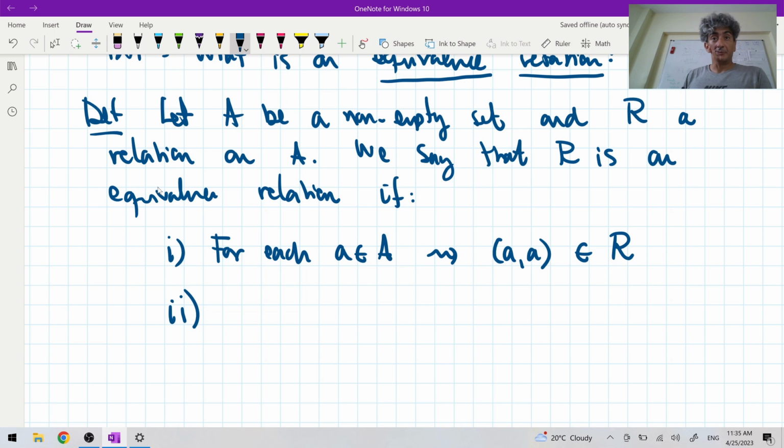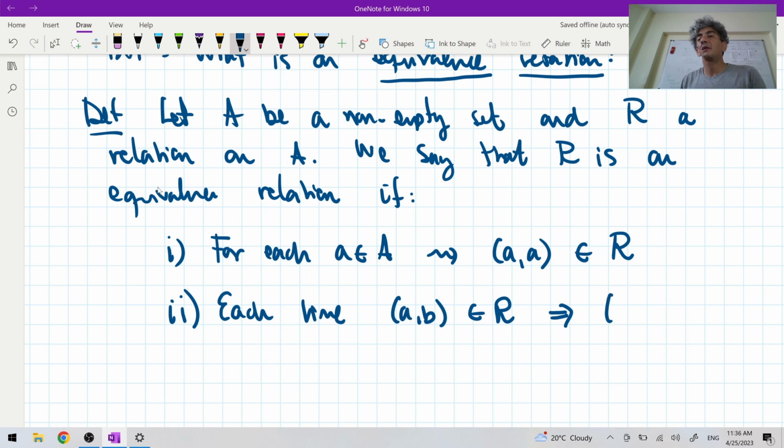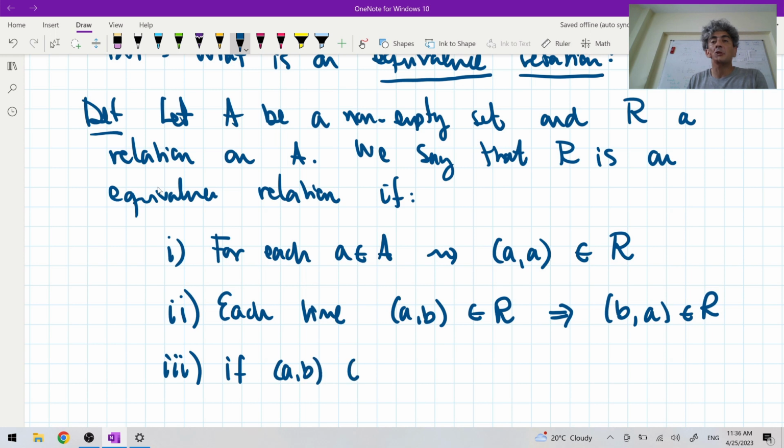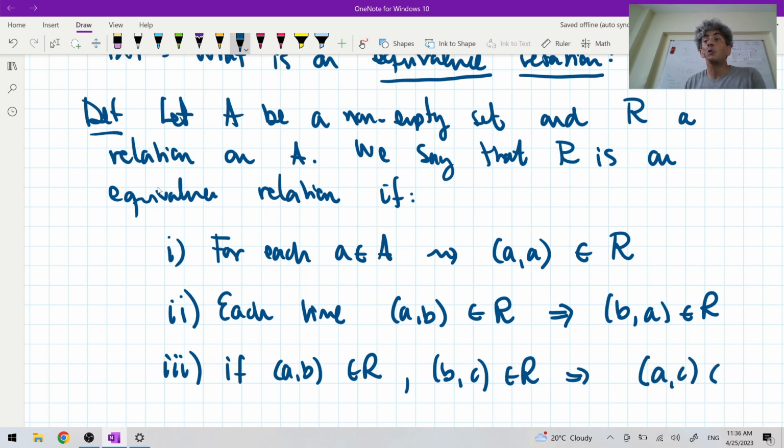Then, each time the pair (a,b) belongs to R, then the pair (b,a) also belongs to R. And lastly, if (a,b) belongs to R and (b,c) belongs to R, then (a,c) also belongs to R, right? So these three conditions define what an equivalence relation is.